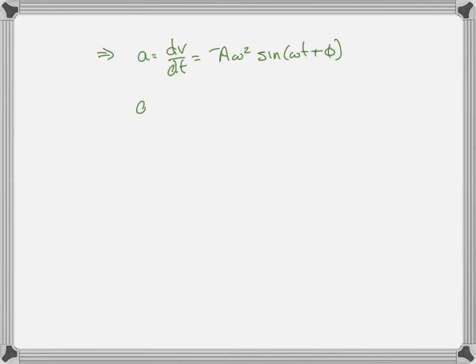So what is the max? The maximum acceleration is a omega squared, or the absolute value of minus a omega squared. If we're talking about the maximum acceleration, we're not talking about direction. Whoops, I threw my pencil across the room because I was so enthusiastic. I'll be right back. The minus sign indicates direction, so the magnitude of the maximum acceleration is a omega squared.